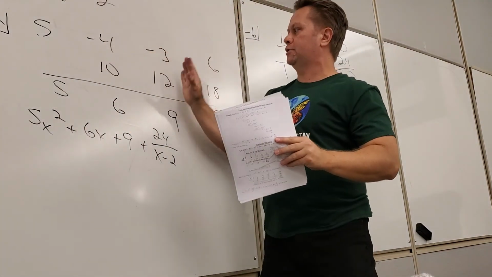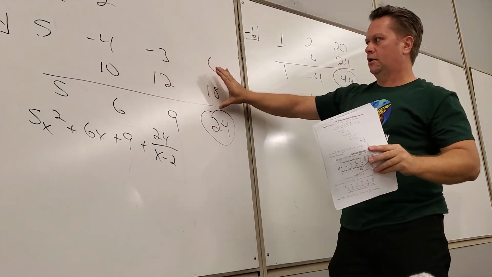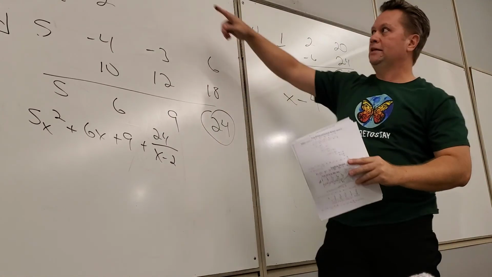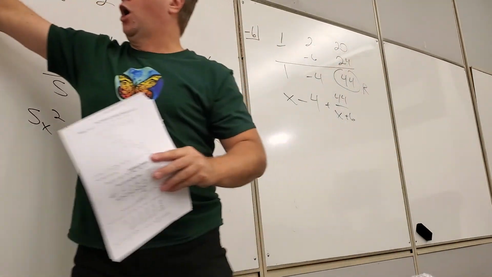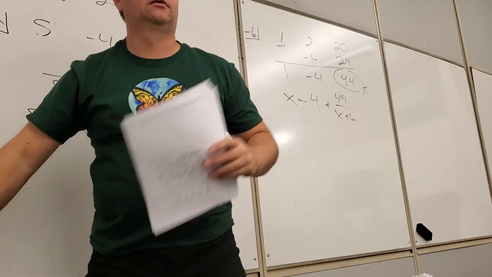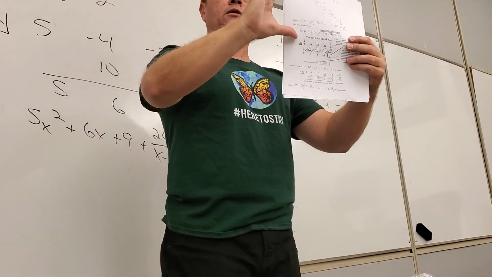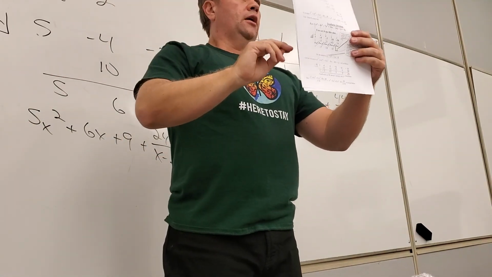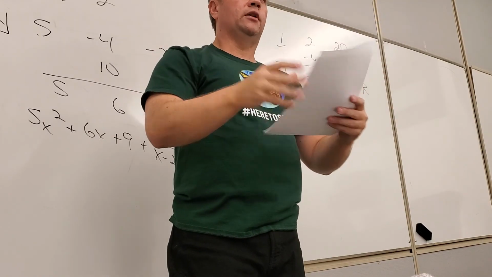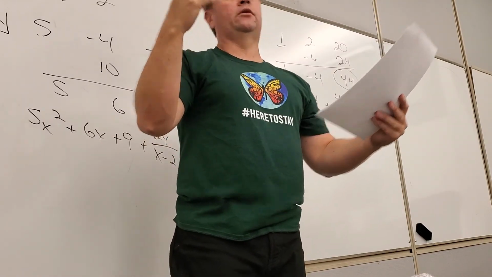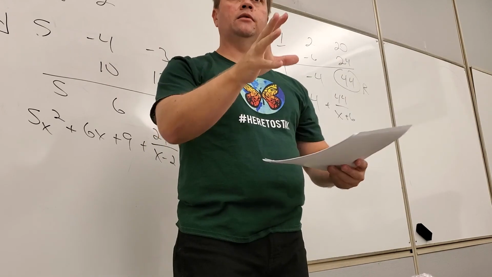If I had more terms, it would just be the same thing, a little longer, whereas with long division, if I add more, oh my God. I'm trying to get you to realize that this isn't just another thing to know. It's a better method built on the same idea.